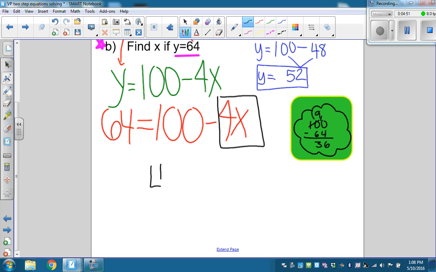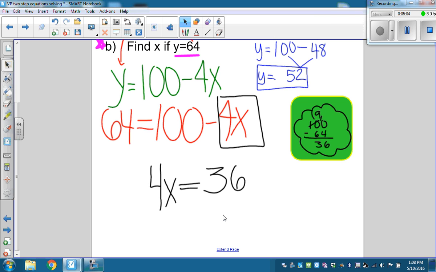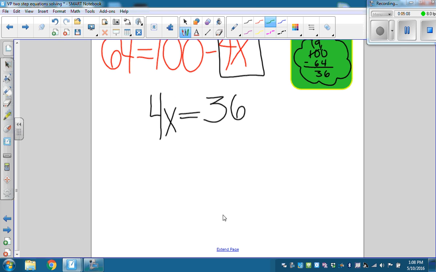So once you figure that out, you just take what's in the box and set it equal to what you need. And now you ask yourself, 4 times what is 36? Some of you will know right away the answer is 9.